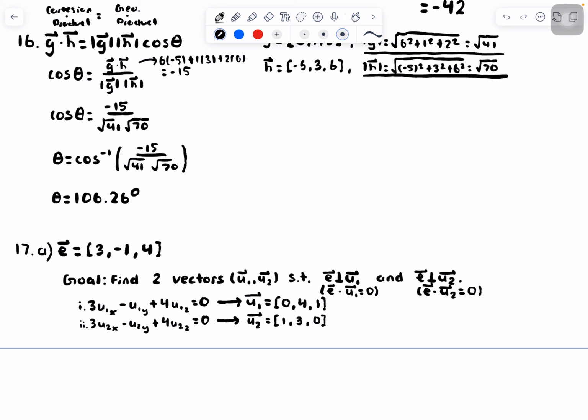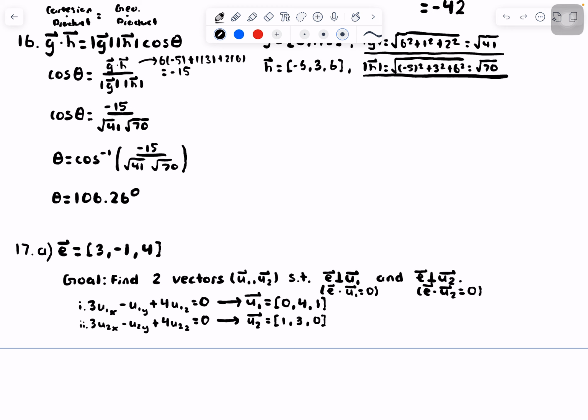I'm just dotting the two vectors. I'm dotting E with u1 and I'm dotting E with u2, and I'm calling their components x, y, z respectively. And we have another statement that 3u2x minus u2y plus 4u2z equals 0.